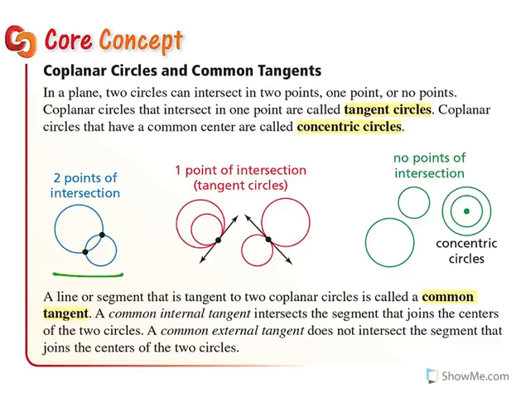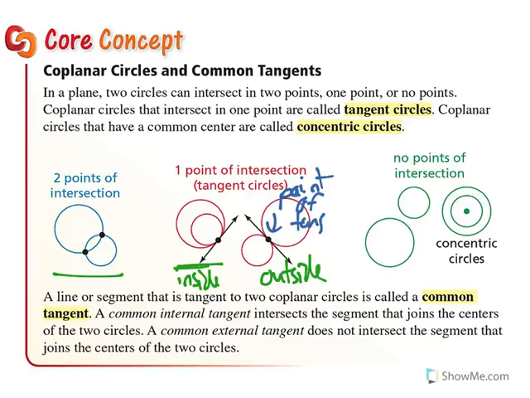So if we have where they intersect at two points, we just say that they intersect at two intersection points, like this first one. If they only have one point of intersection, that's what we call tangent circles. We call those circles to each other tangent circles. And they can be two different ways. Either the circle can be inside, like this first one is, or we could have it on the outside, the second one. Again, they only share one point of tangency. This point in the middle, that's our point of tangency.